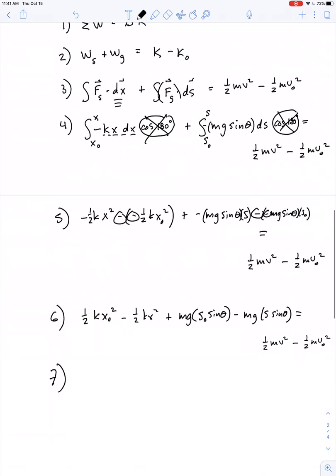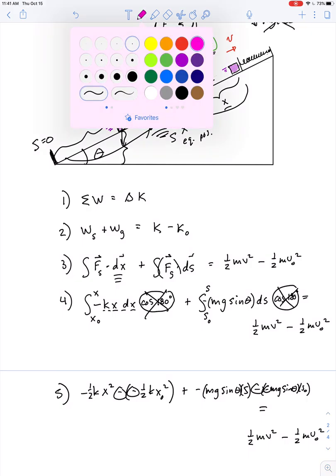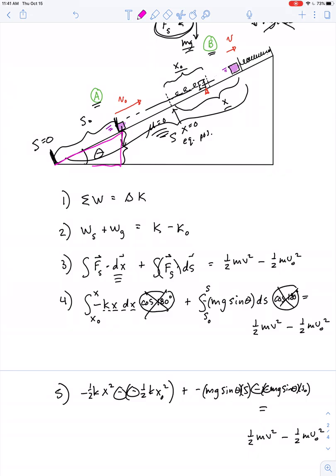Now notice something. S naught sine theta. Let's see. So this displacement represents S naught. The incline is, I guess, S naught times sine theta, if we're picturing a right triangle.